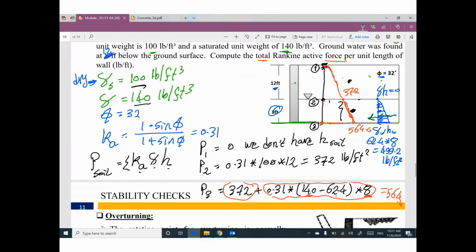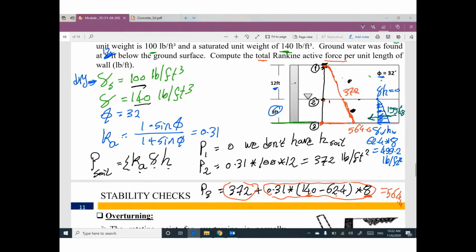Get the area of this triangle. Area of triangle is 0.5 times base 499.2 times height, which is 8. This force will be 1996.8 as a force.